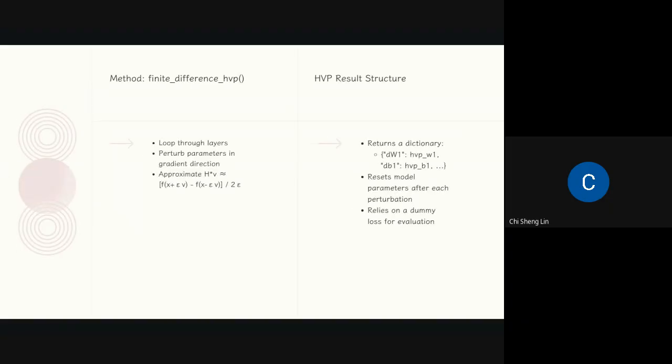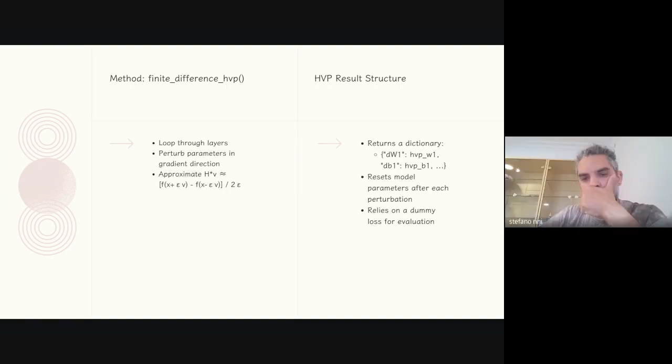So for the finite difference HVP method, this method loops through all layers in the model. For each weight and bias, it perturbs the parameter slightly in the direction of the gradient and computes the change in loss. This lets us estimate the Hessian vector product using the symmetric difference quotient.